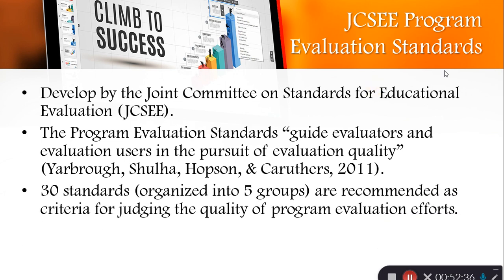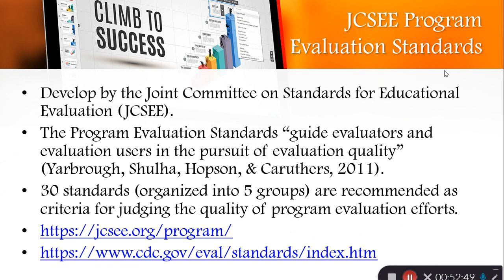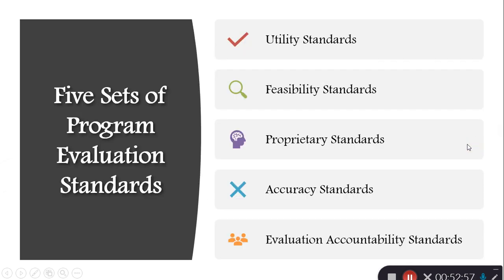There are 30 standards organized into 5 groups that are recommended as criteria for judging the quality of program evaluation efforts. This is the website where these evaluation standards can be found. You can get further information from either one of these websites. I didn't put them in detail here simply because I provided the website as something you can refer back to.